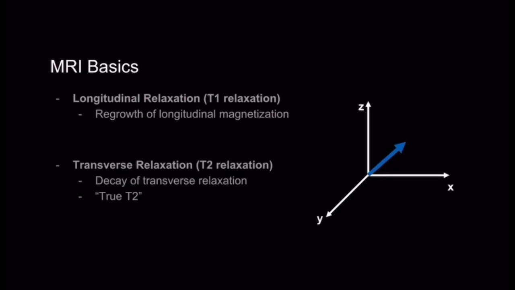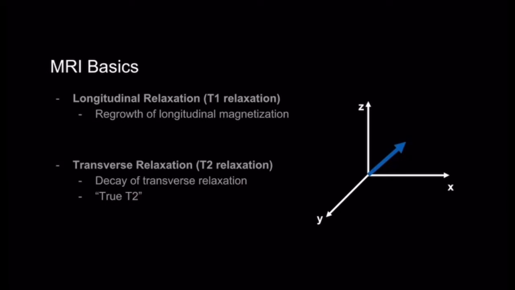A separate but related process is transverse relaxation, or T2 relaxation. Remember, we also mentioned that after an RF pulse, not only do we tip the net magnetization into the XY plane, but the hydrogen nuclei also start to precess in the XY plane in sync.